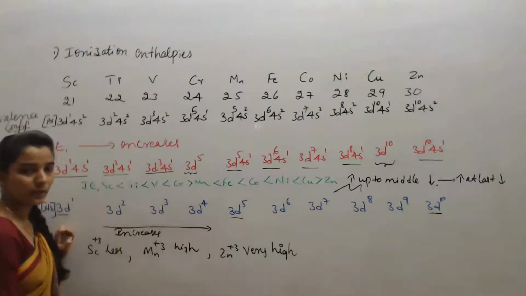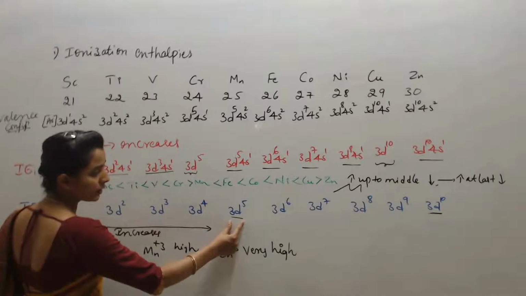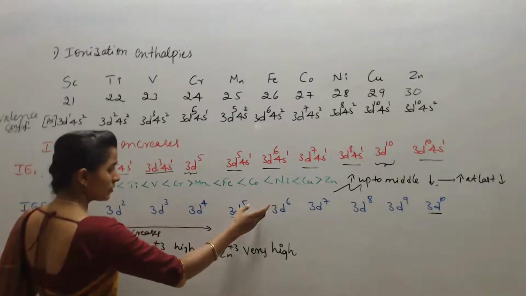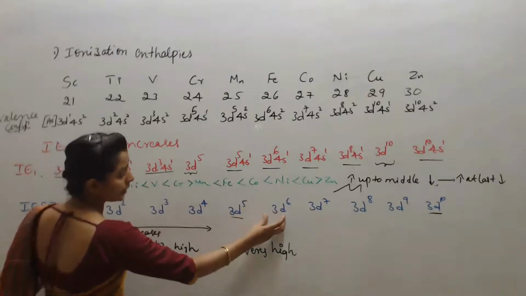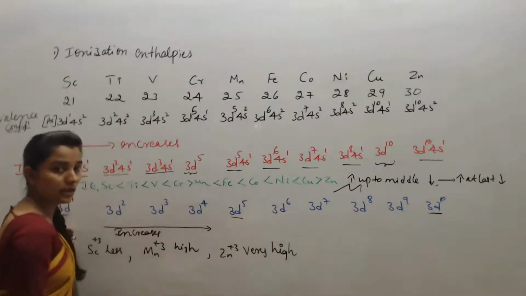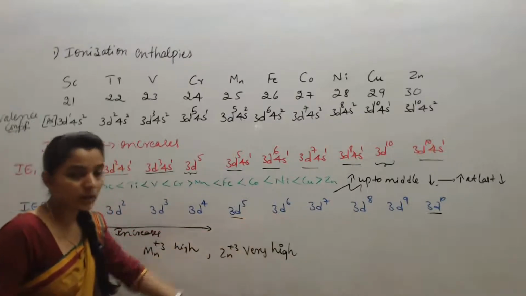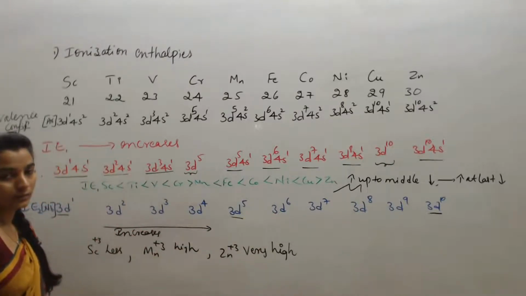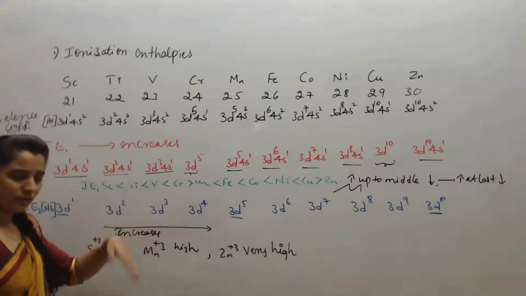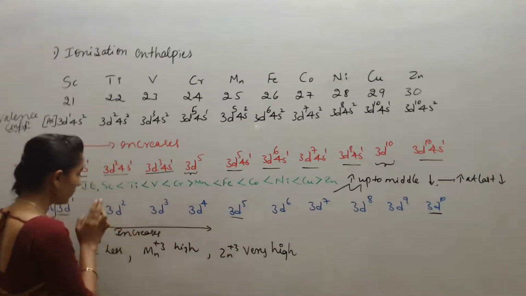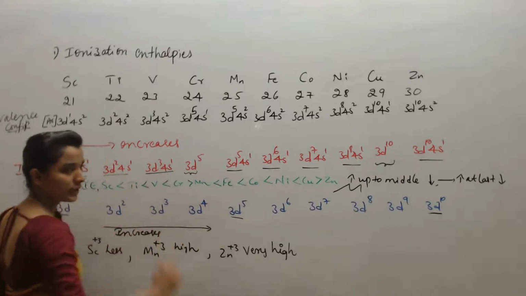3d5 configuration. If it is 3d5 configuration, compared to 3d6 and 3d5, so listen, manganese and iron are there. Manganese has high third ionization potential compared to iron. Again the trend follows the same thing. This is not that much important, but here you have to compare 3d1, 3d5 and 3d10 configuration.